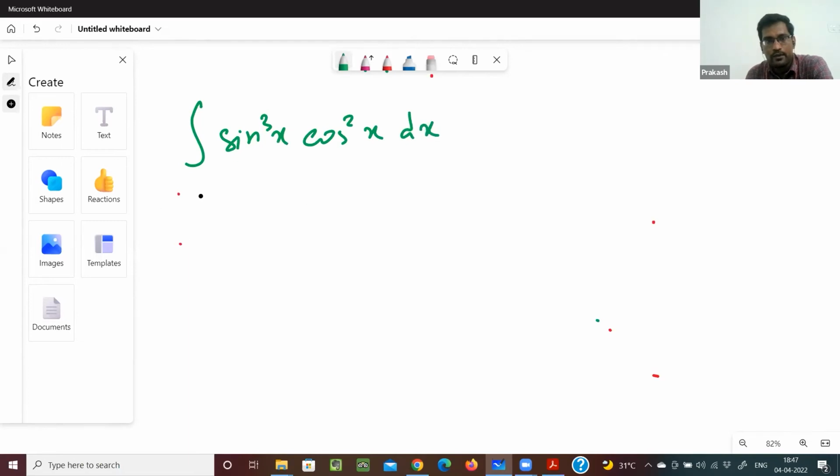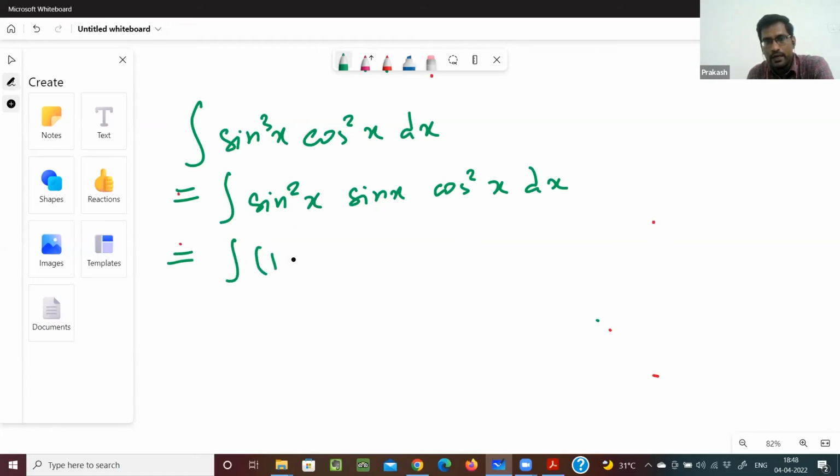Here we can use some substitution because products and powers are involved. So this we can write as sine square x, sine x, and additionally cos square x. Here we can use very simple trigonometry identities. This sine square x we can rewrite as 1 minus cos square x, times sine x into cos square x.